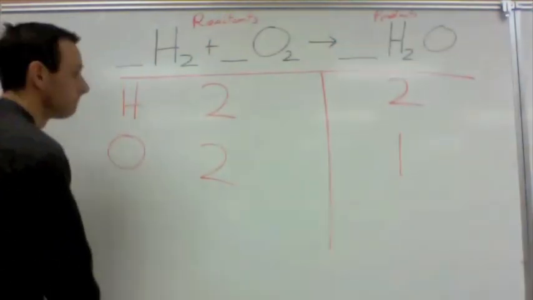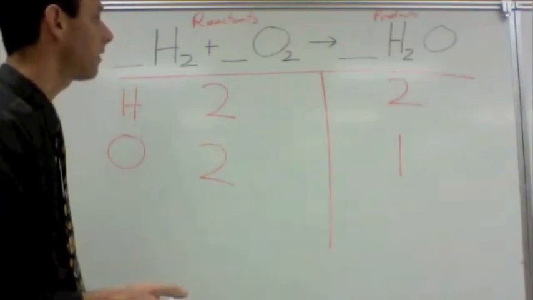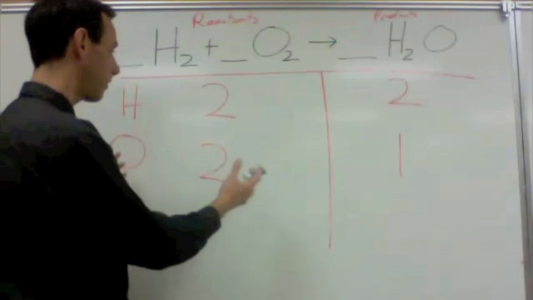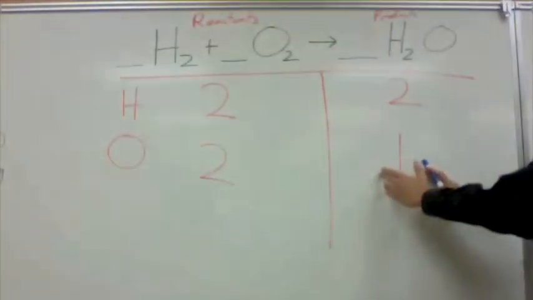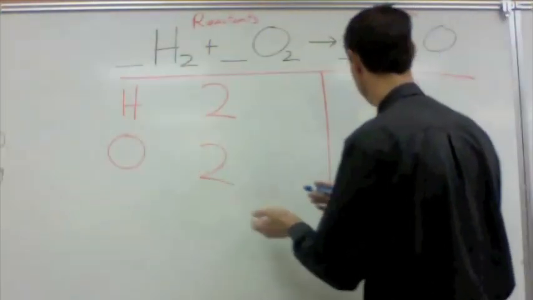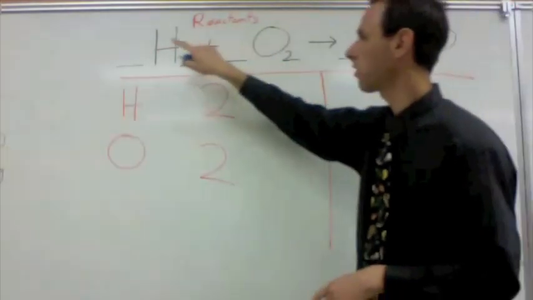Let's see here. It's like solving a puzzle. And it's kind of fun, and sometimes it's kind of frustrating. But here's how it goes. I look over here and I say, now look, I don't have enough oxygens over here. I have to raise this one up to be a 2. I can only change the numbers in front, the coefficients.